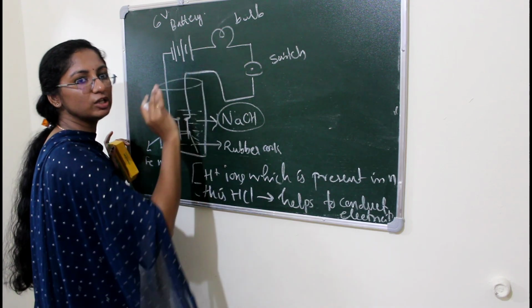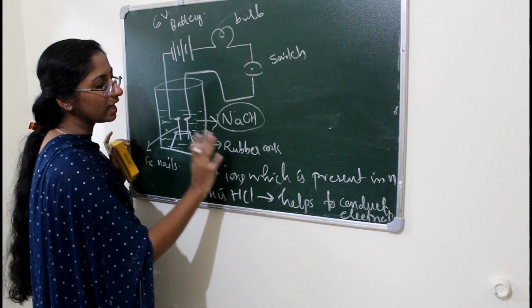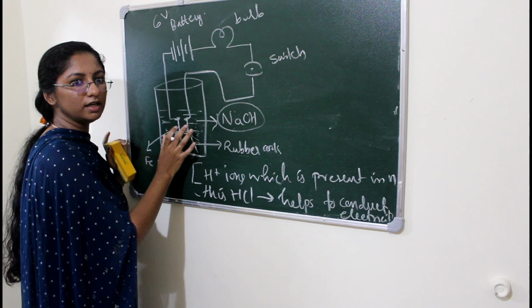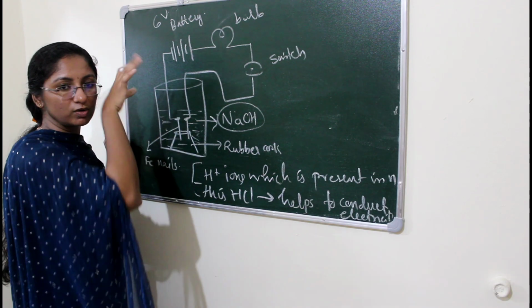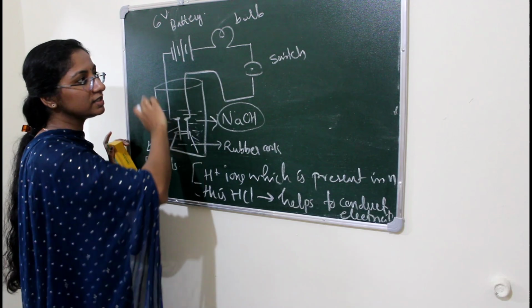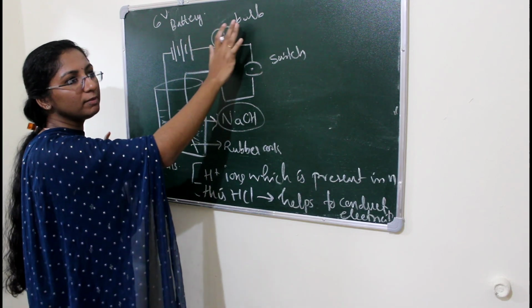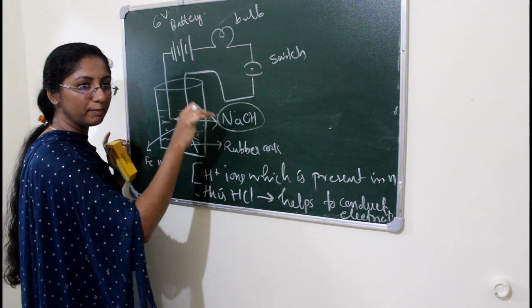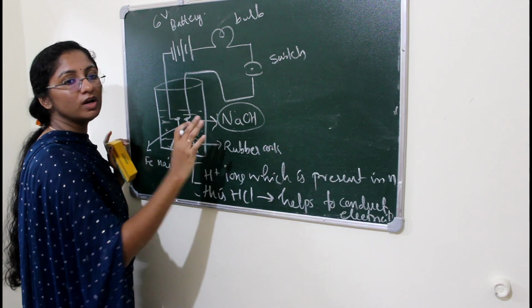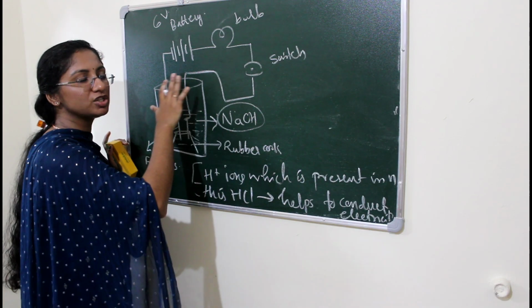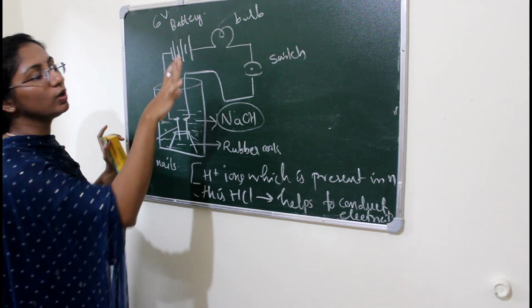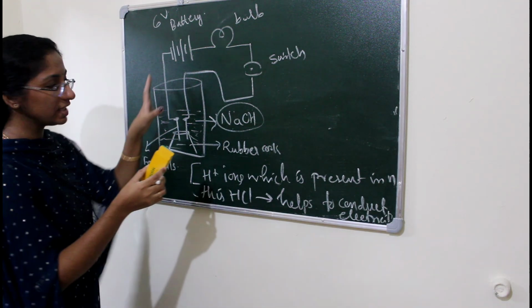So when we take acid as the solution, there is the presence of H plus ions, that's why there is conductivity and the bulb is lighting. But when we take a basic solution, there are no H plus ions released by NaOH, so there is no conductivity and no lighting of the bulb in this experiment.